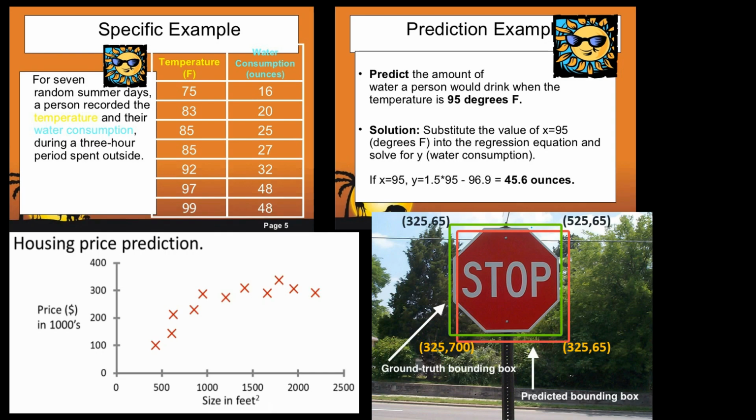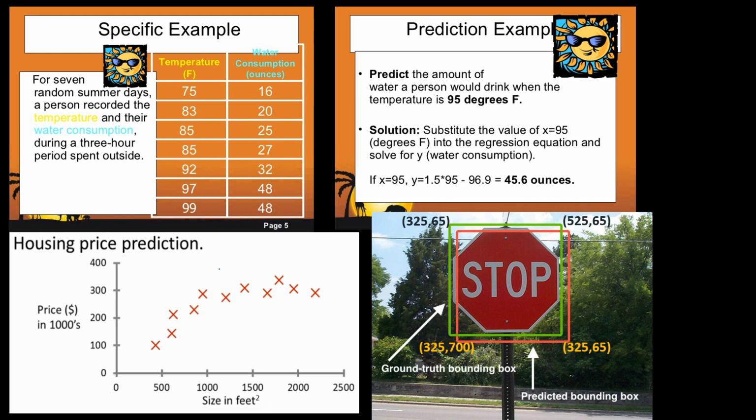There we discussed linear regression, and if you haven't watched it, then you can go and have a look at that. So linear regression is basically predicting a real value. For example, considering a given temperature and water consumption in number of ounces, you can train a model such that given any new value of temperature, you can predict how many ounces of water will be consumed.